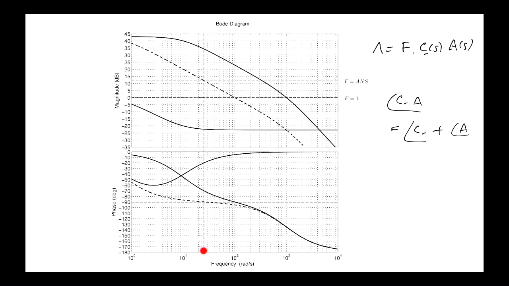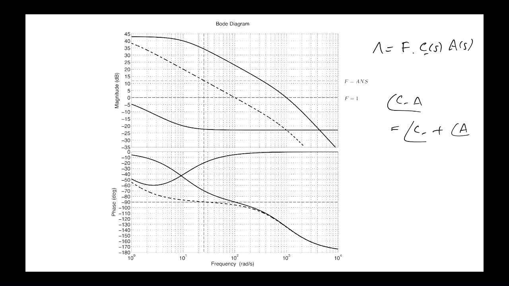This is where it's 90 degrees. So we want this to line up with the crossover frequency, and we can make this the crossover frequency by choosing F to move the 0 dB line from here to here. That corresponds to multiplying by a number less than 1 to move it up.